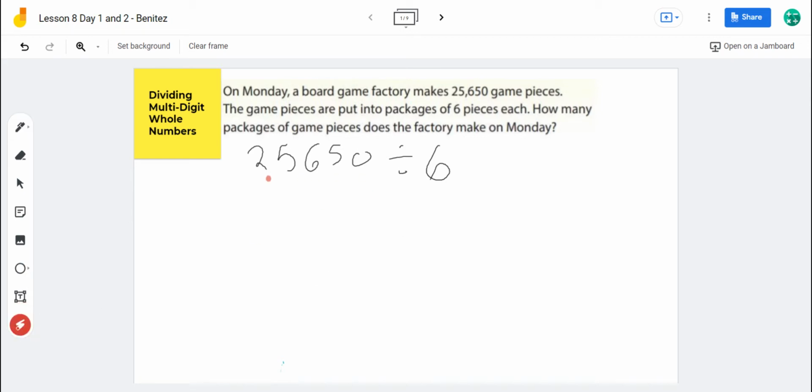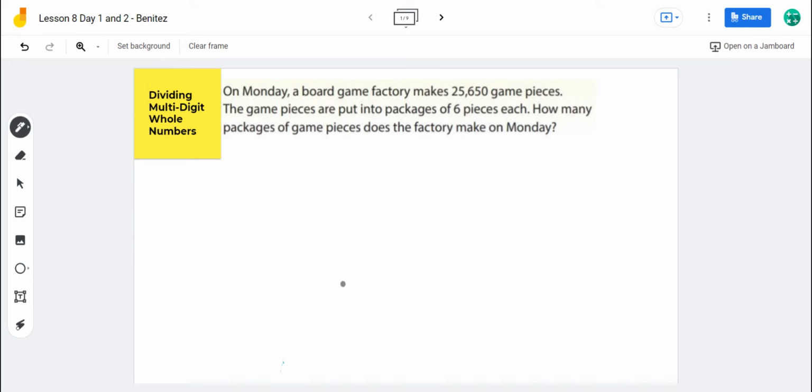So the reason it's multi-digit is because this is a big number. Multi-digit, more than 1 or 2 digits. Now, we don't actually divide numbers this way. So I just wrote it down like this so you can have it in your notebook right away. To divide numbers, we use what's called long division. Some of you guys may have been exposed to it before.